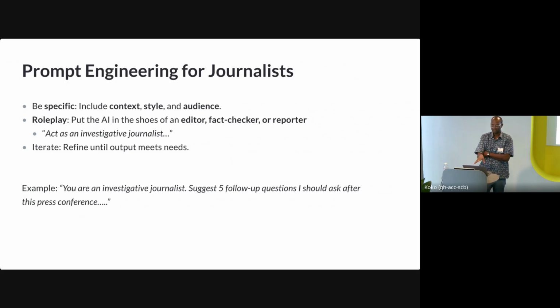So, for example, you've told the AI you are an investigative journalist, and you want it to suggest 5 follow-up questions to ask at a press conference. You can be as specific as you want. This is an example. You can give roles for your journalism, you can be an editor, a journalist, a press consultant, something like that. Role play actually helps, because it puts the AI in the mindset of this is who I should be, and this is what the output should be.